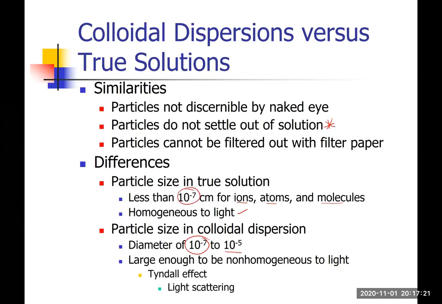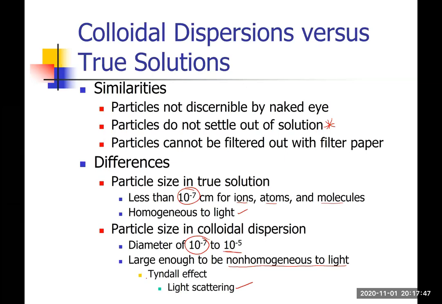Unless we go over here to the 10 to the minus 5, which seems to have a difference. The difference, though, is large enough to be non-homogeneous to light. And so what do we mean by non-homogeneous to light? That means that if we shine a light on a colloidal dispersion, we'll get light scattering that we don't get when we shine a light in a true solution.